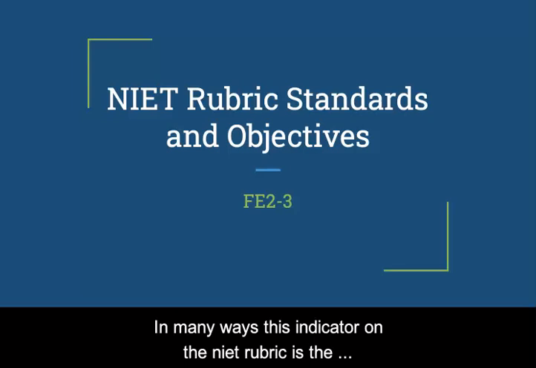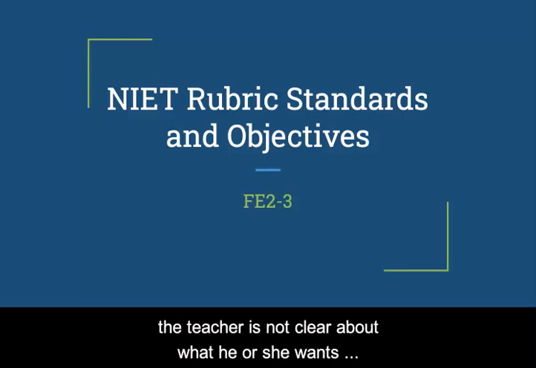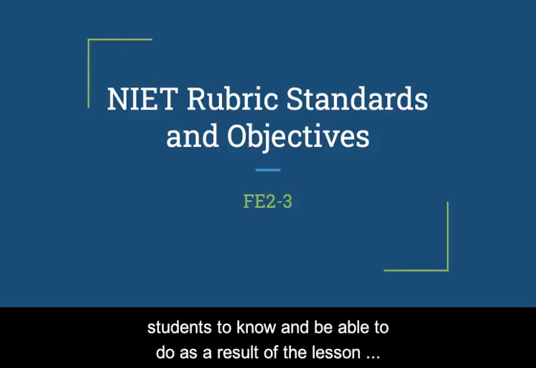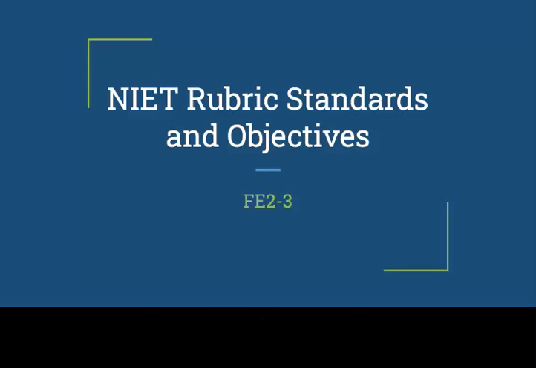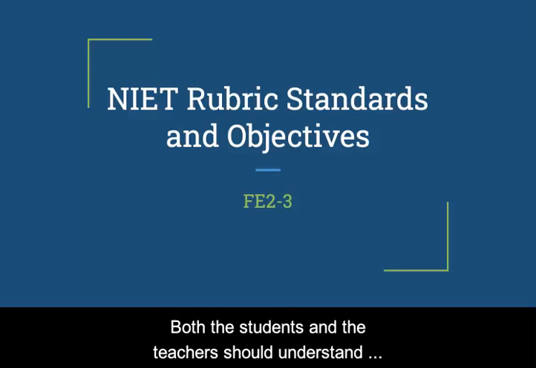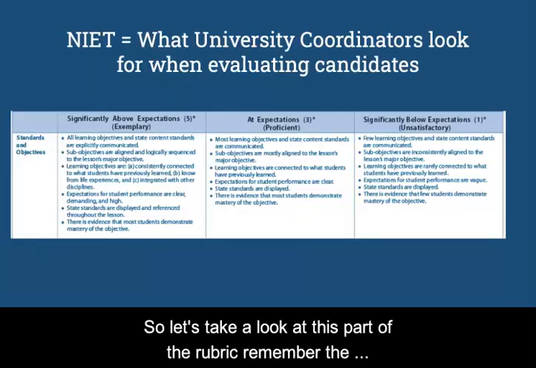In many ways, this indicator on the NIET rubric is the foundation for all other NIET rubric indicators, because if the teacher is not clear about what he or she wants students to know and be able to do as a result of the lesson, the balance of the lesson cannot be properly developed or implemented. Both the students and the teacher should understand what is to be accomplished or what is the goal during each lesson. So let's take a look at this part of the rubric.